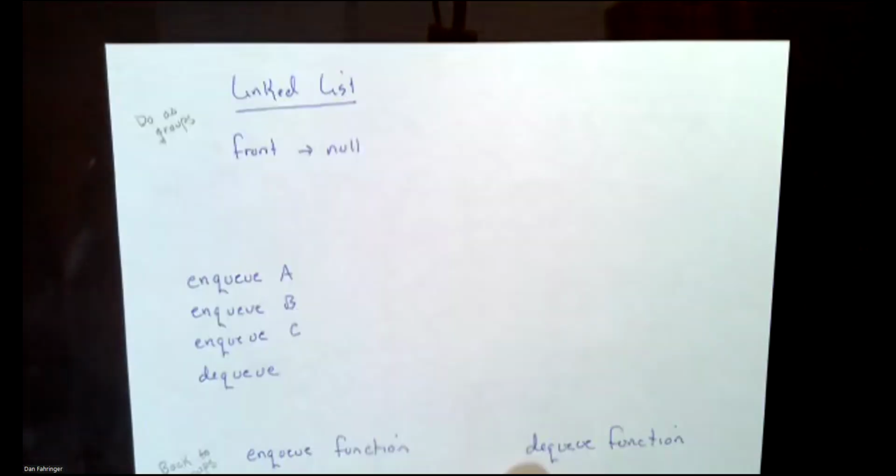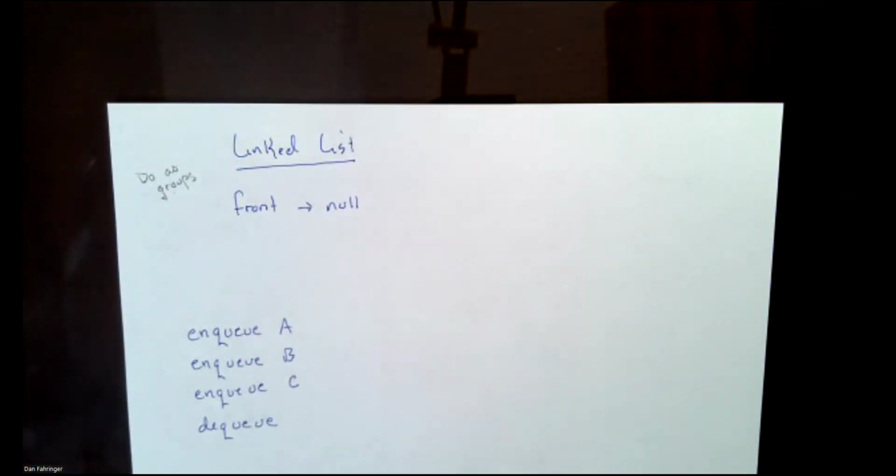I get excited. Uh-oh. Linked list. Linked list. That's what I'm going to put you in some groups. Let you talk through linked list for a queue, just like we did a moment ago.